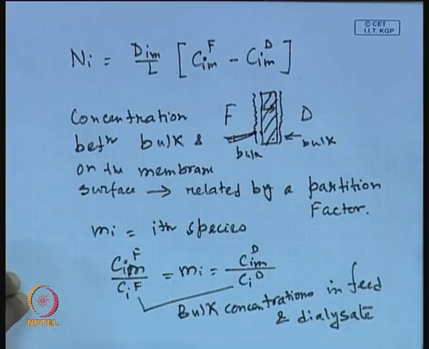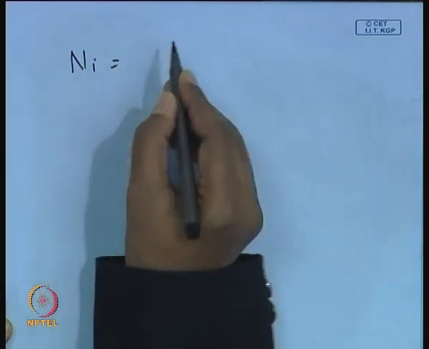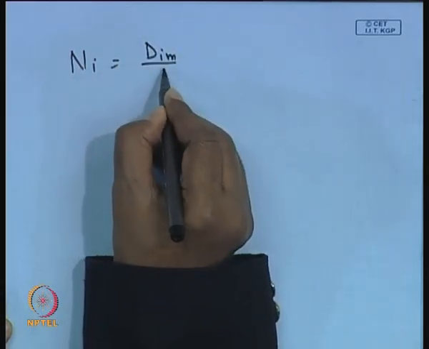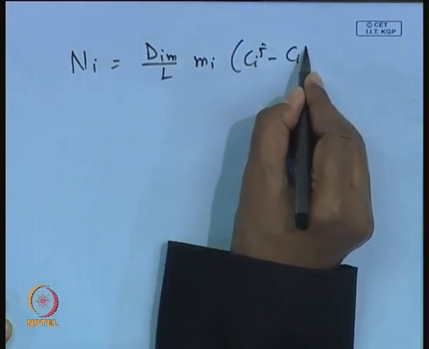So, using this definition you can relate the rate of transport of the solute from the feed side to the dialyzed side in terms of bulk concentrations. That means you replace CimF in terms of CiF and CimD in terms of CiD. So, Ni is nothing but Dim by L times Mi times (CiF minus CiD).